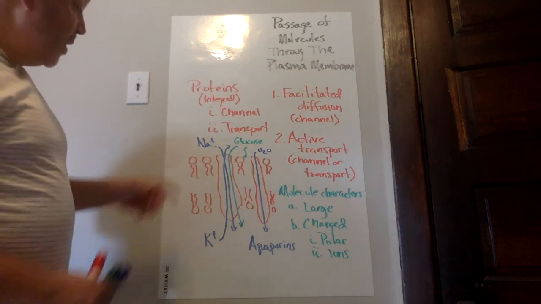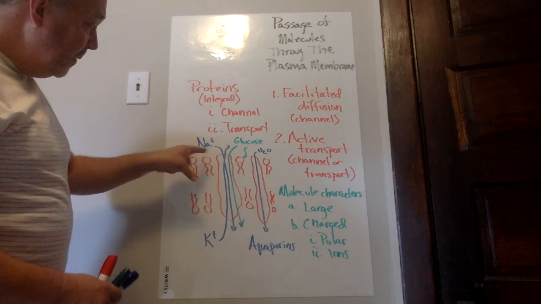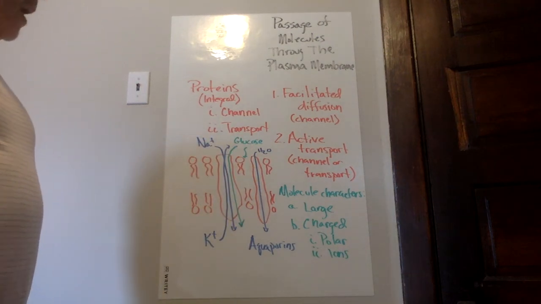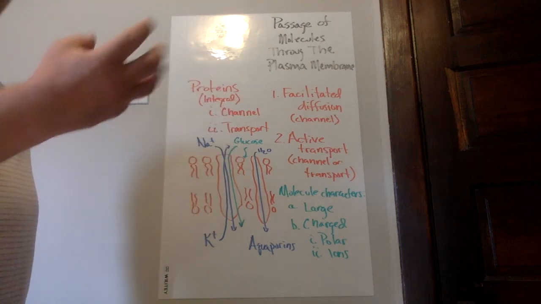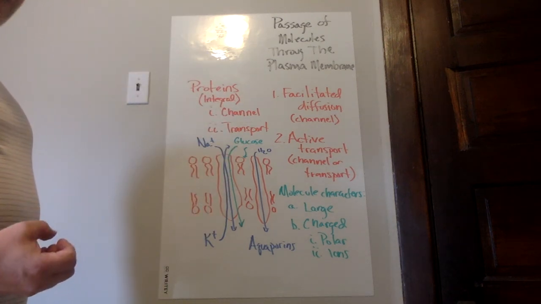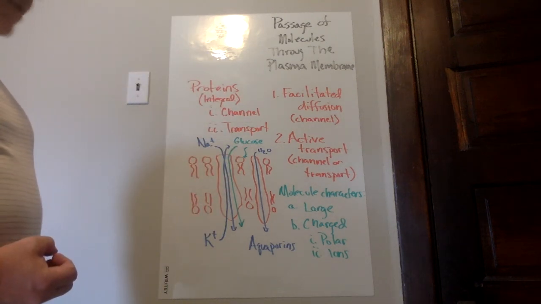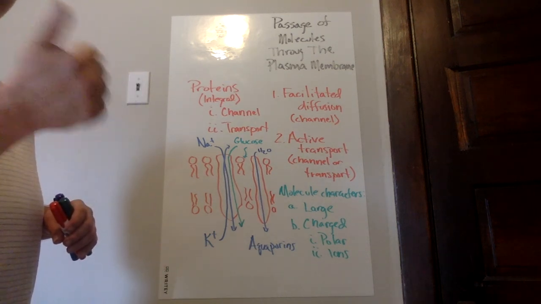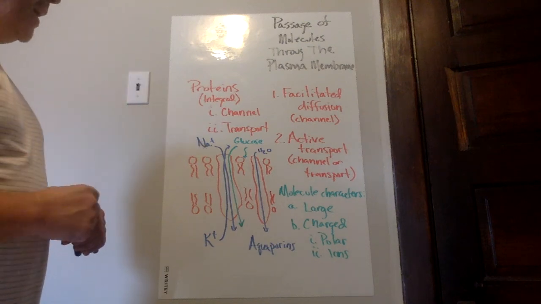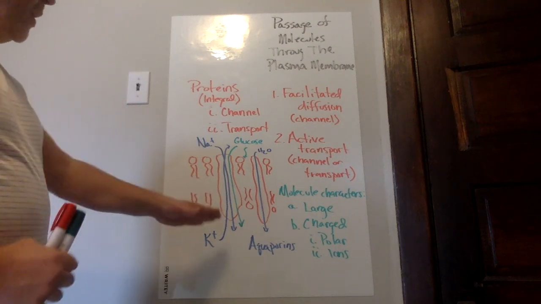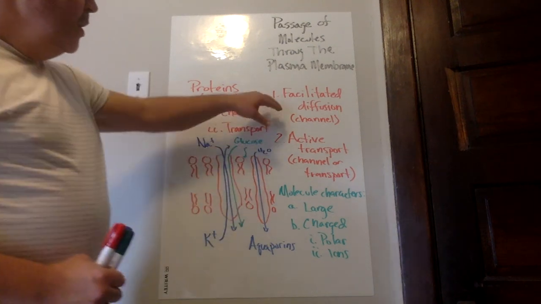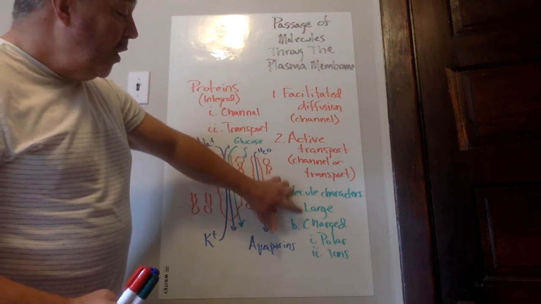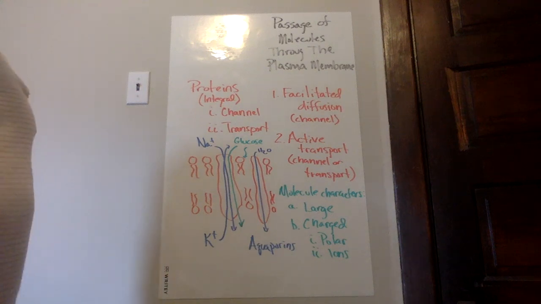So sometimes water will come in between molecules. Sometimes it will come in between proteins. Or if you also remember, you had bulk transport, and pinocytosis is a third way we can get lots of water into a cell. So water, because it's so essential to life, can come in by diffusion, facilitated diffusion, or pinocytosis. But typically if you're moving through proteins, you're either doing facilitated diffusion or active transport. It's for large and charged molecules.